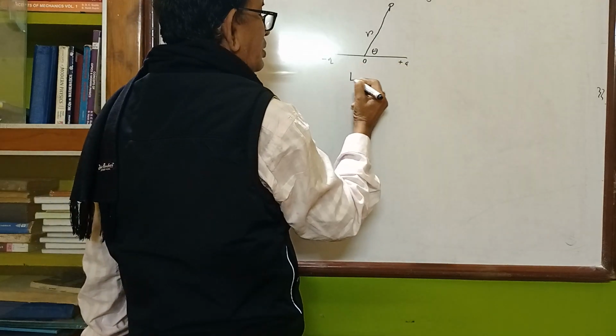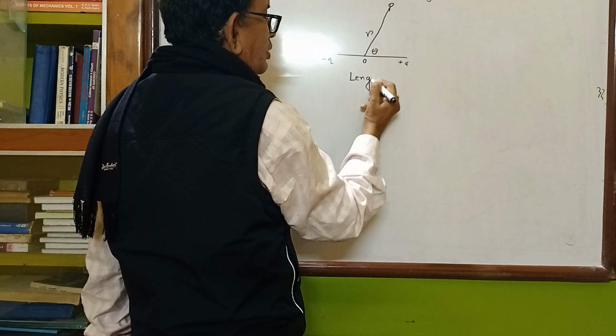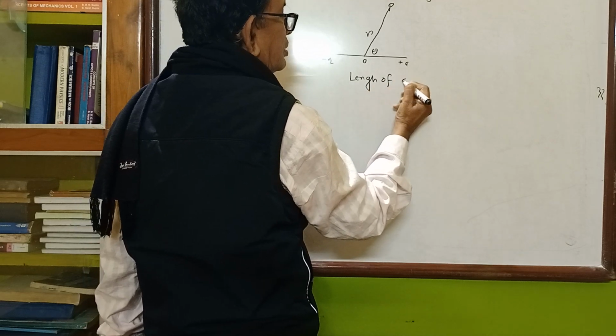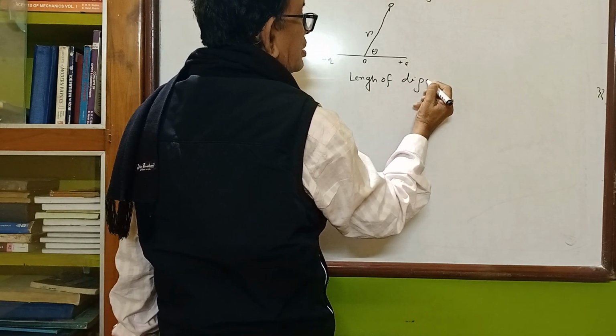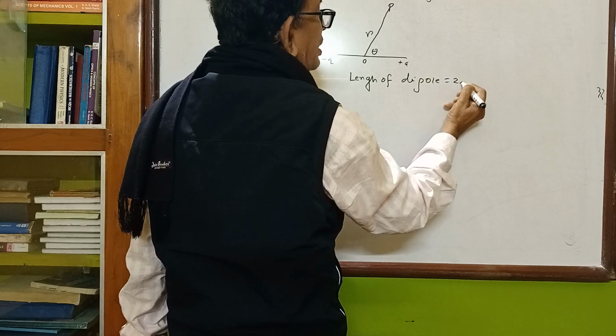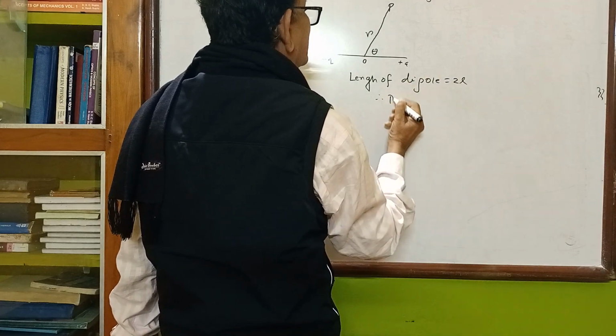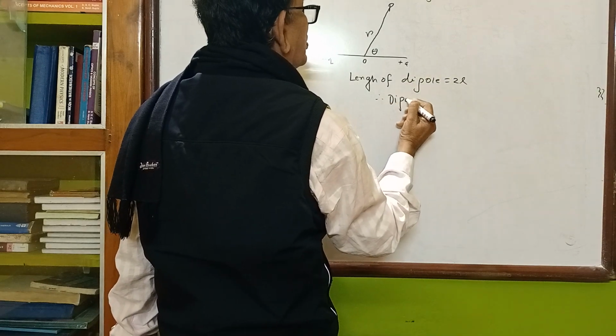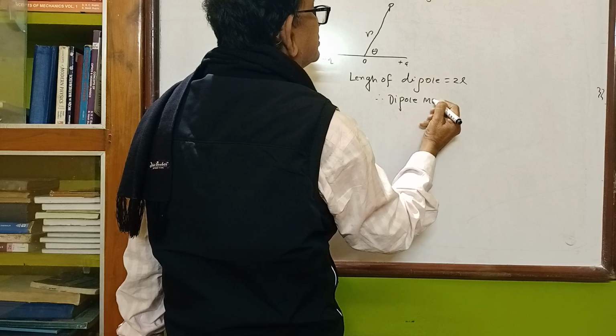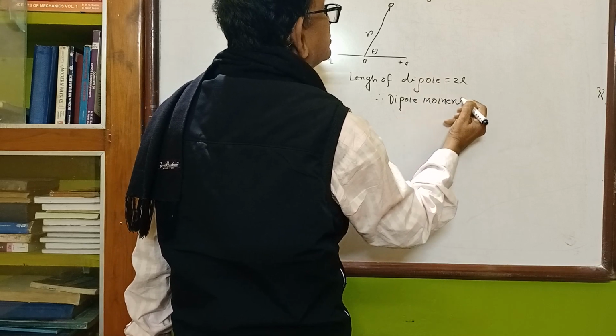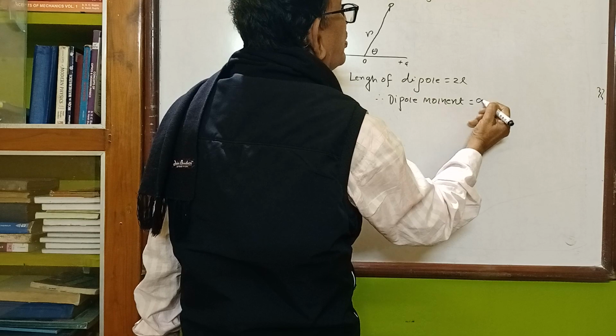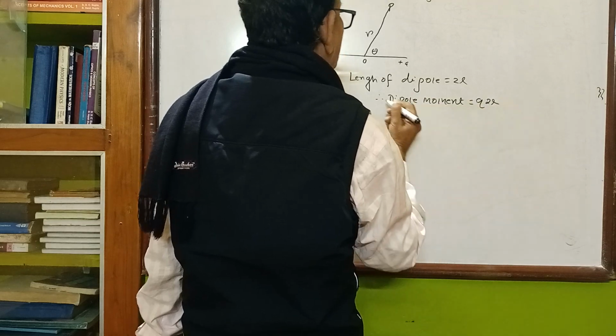Length of the dipole is 2L. Dipole moment is q into 2L, that is vector p.